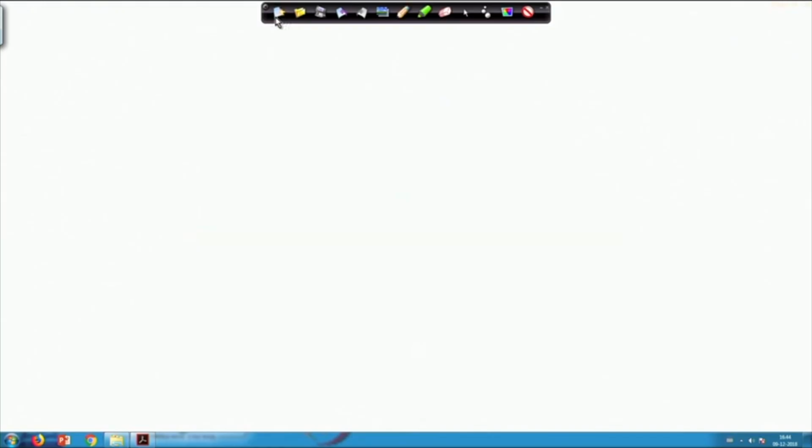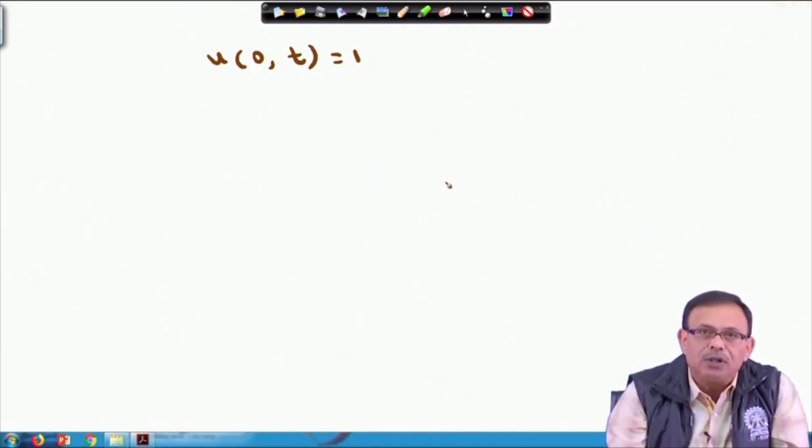And what is given to you? It is given to you that u(0, t) equals 1. One of the conditions is given as u(0, t) equals 1. Since u(0, t) equals 1, from here you cannot do anything, because you got the result u bar(x, s) as some function of x and s. So, u(0, t) equals 1.